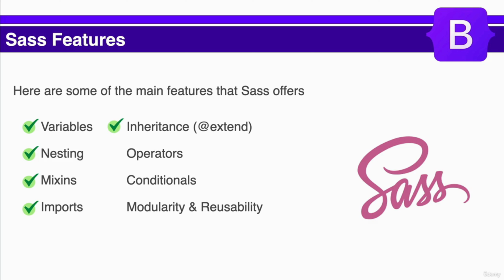So inheritance, we have an extend directive that will allow you to share styles from one selector to the other. There's operators, mathematical operators such as plus, minus, divide, multiply, and you can use those to perform calculations on CSS values. And then there's even conditional statements like if, else, and these allow you to apply different styles based on specific conditions.